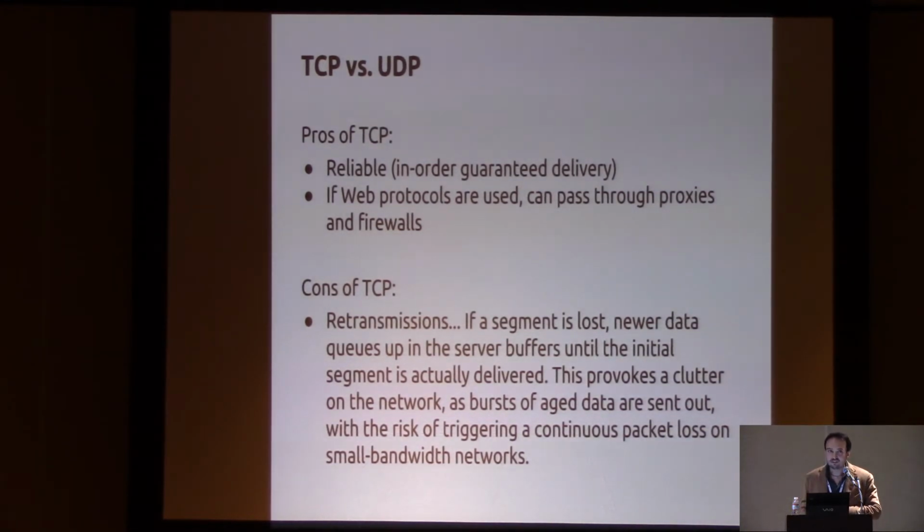You already have some network issue, and you increase the quantity of data that you're sending because your producer, the game engine, continues to produce this high amount of real-time data. And you could trigger even worse packet loss, especially on small bandwidth networks. That's why most serious game developers, like on consoles, tend to use UDP instead of TCP.